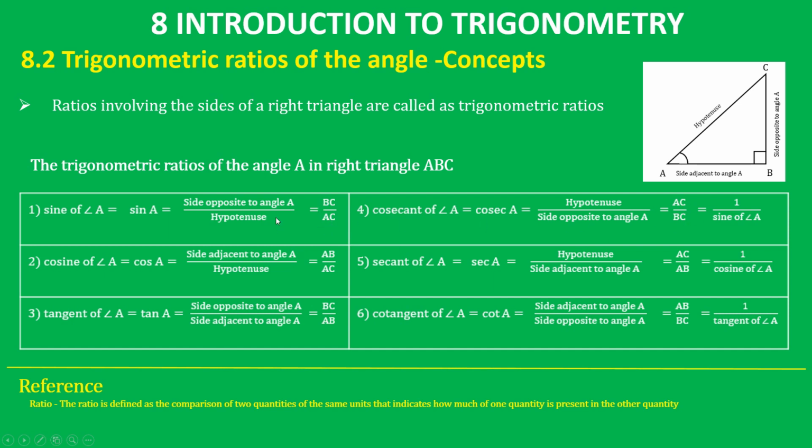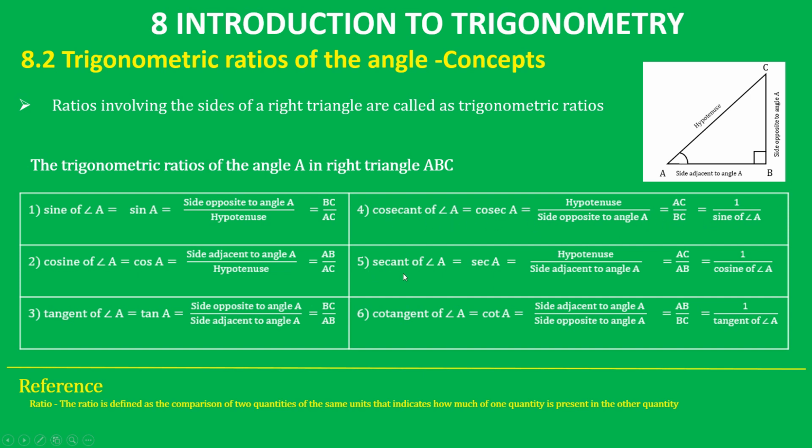AC by BC is the reciprocal of BC by AC. What is BC by AC? Sin A. That means we can write cosecant A is equal to 1 by sine of angle A. Yes, we can write that. So we can call it cosecant A is the reciprocal of sin A.